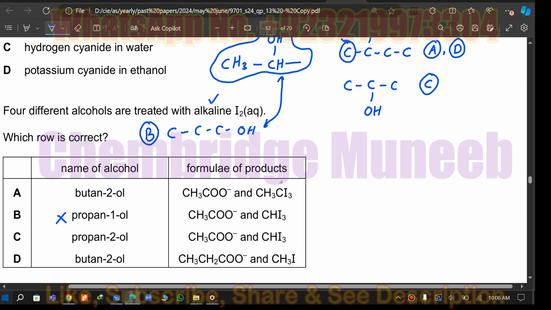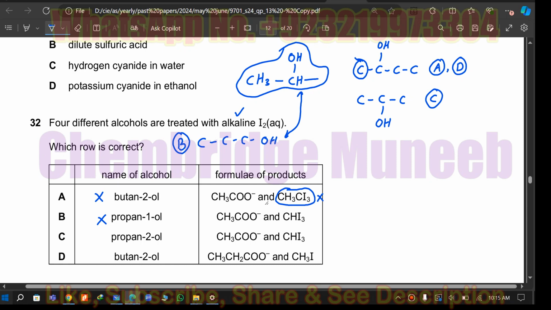One more thing, butane 2-ol is mentioned two times, but the formula of the triiodomethane over here is incorrect. So that's why option A becomes incorrect, which means the other butane 2-ol will be considered.